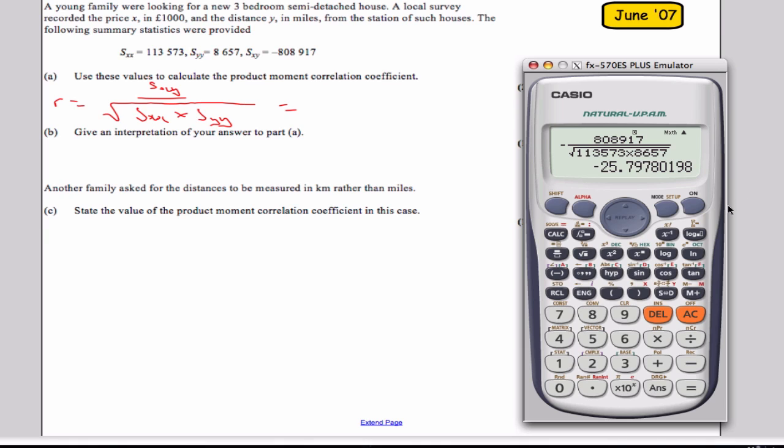Something seems grossly wrong here because I have a value that is much bigger than 1. The PMCC should only be between minus 1 and 1.